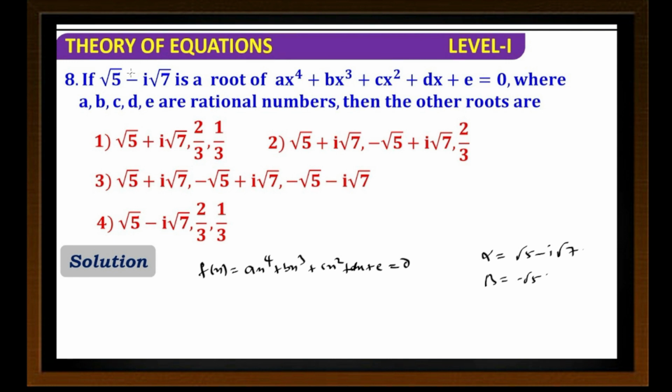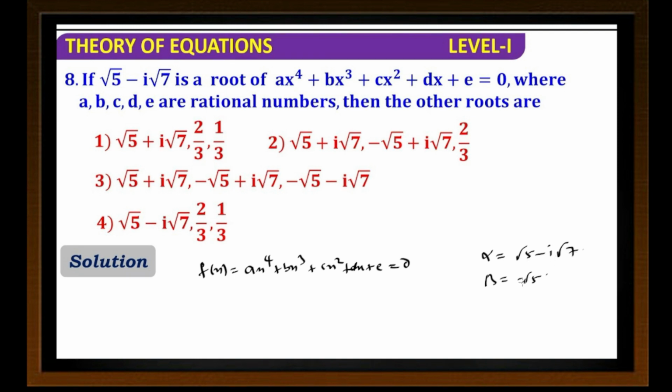Now question number 8. If root 5 minus i root 7 is a root of the given quadratic equation, where a, b, c, d, e are rational numbers, then the other roots are given, f of x equals a x power 4 plus b x cube plus c x square plus g x plus e. One root is given, that is root 5 minus i root 7.